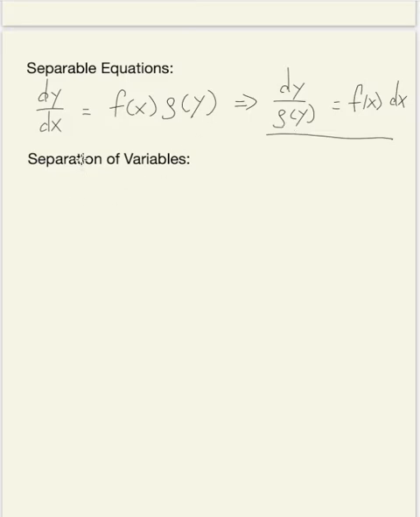This is done by the fundamental theorem of calculus, or this is done by the rule of change of variables. Okay, so suppose we have the equation dy dx equals f of x times g of y. Then we have 1 over g of y times dy dx equals f of x.